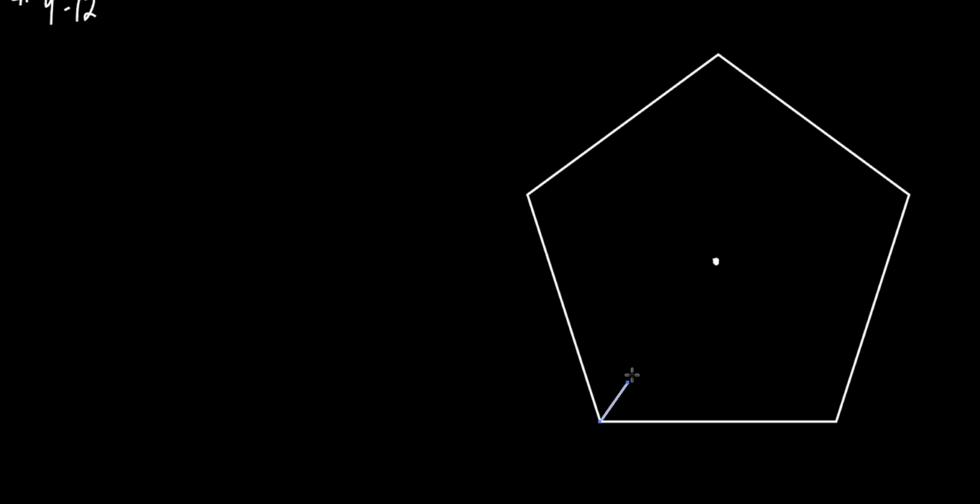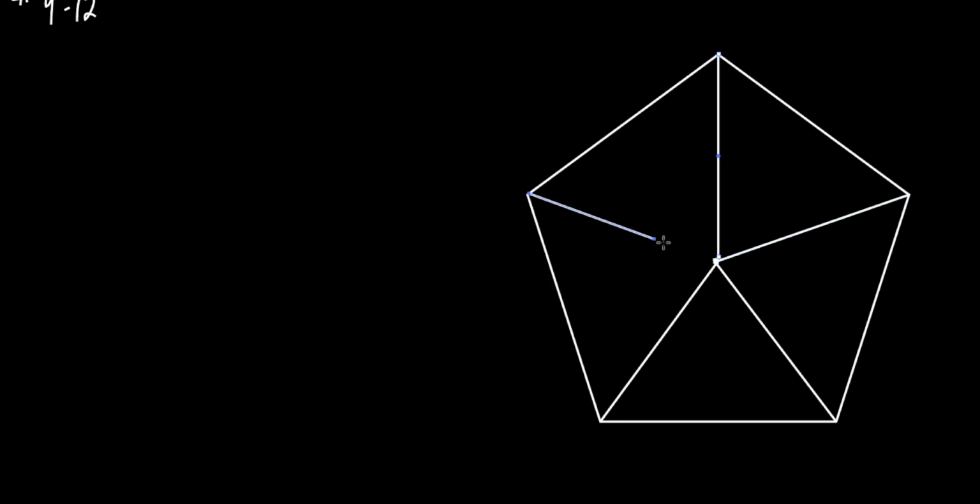It looks like they draw every radius to it, so let's draw them all. And they label it VWXYZ. So V, W, X, Y, and Z.